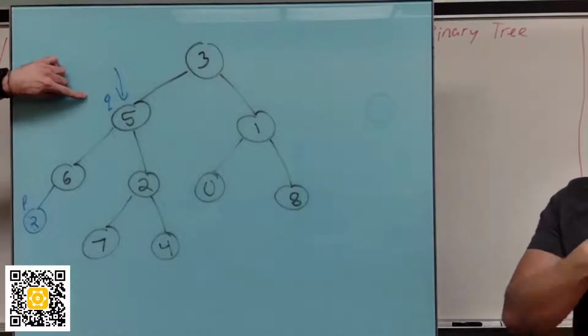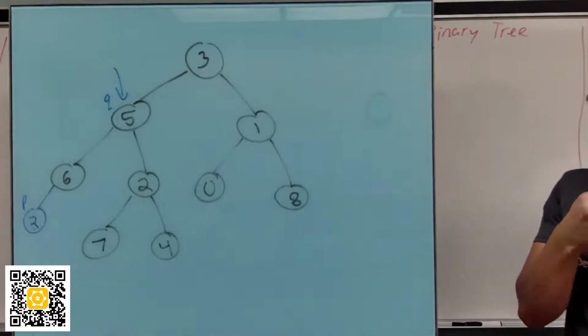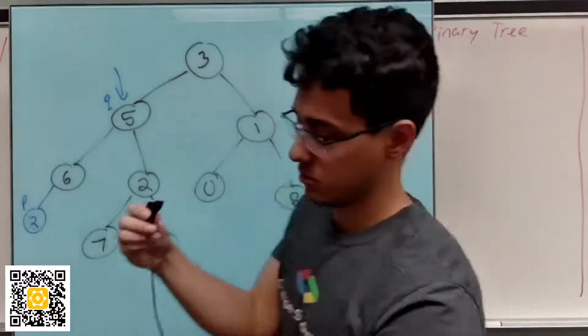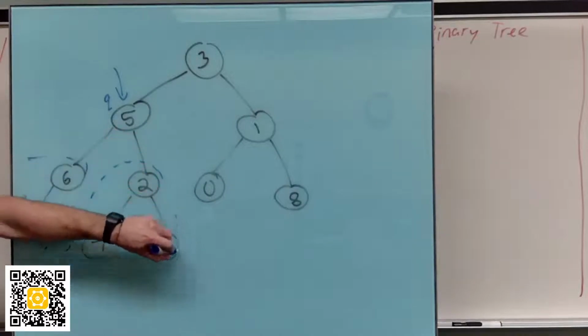If you know this is Q, you're going to recursively call the left subtree and the right subtree, correct? And you know that if P is either in the left or right, it's going to return what? It's going to return true. But you're going to recursively call the left subtree and then recursively call the right subtree.